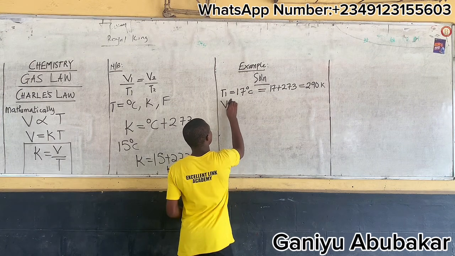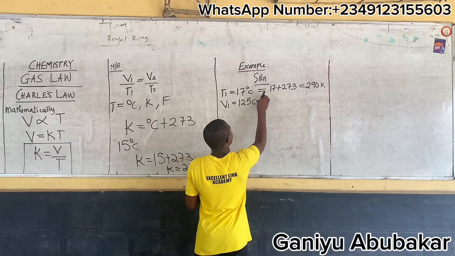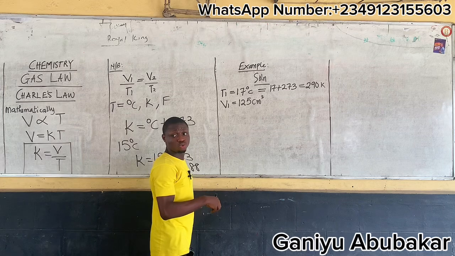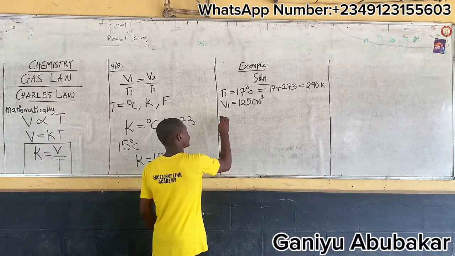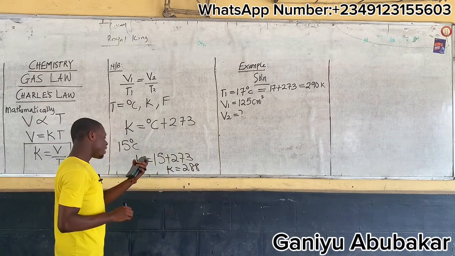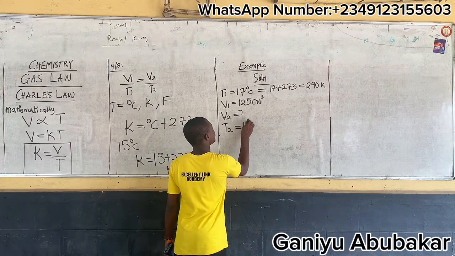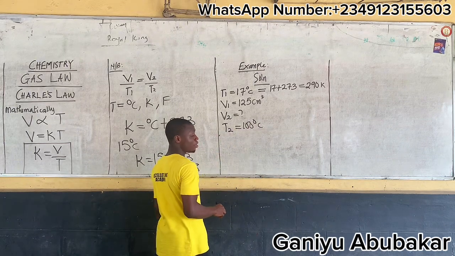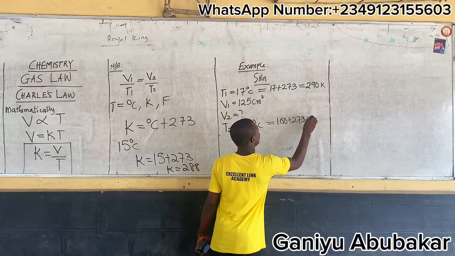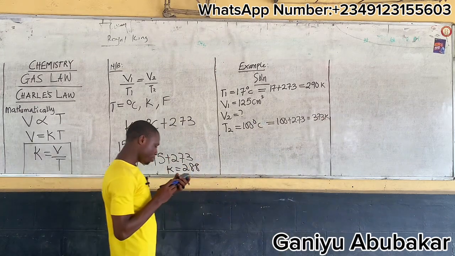The volume we're looking for is V2, which is unknown. At 100 degrees Celsius, that's T2. Convert to Kelvin: 100 plus 273 is 373 Kelvin.